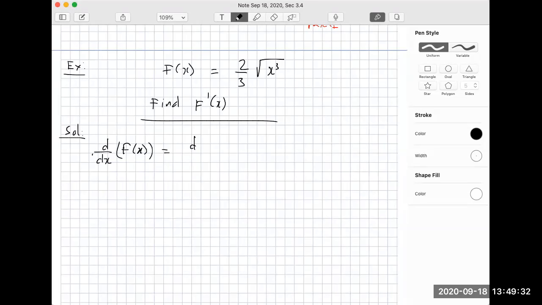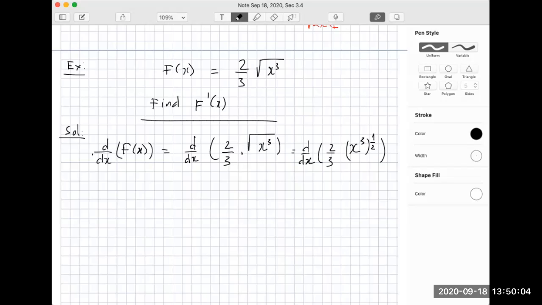Which means d over dx of this function, 2 over 3. And from definition of root function, radical sign here, it means that it is x to the 3 and then raised to the power 1/2. The radical sign is something to the 1/2, right?